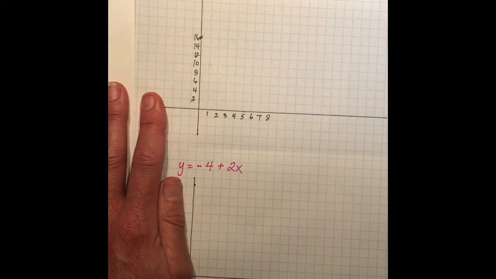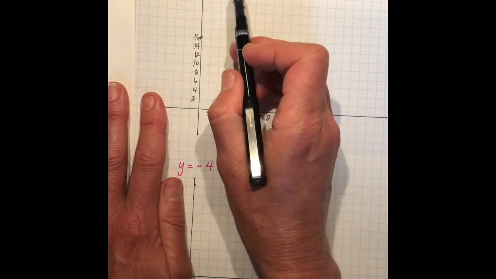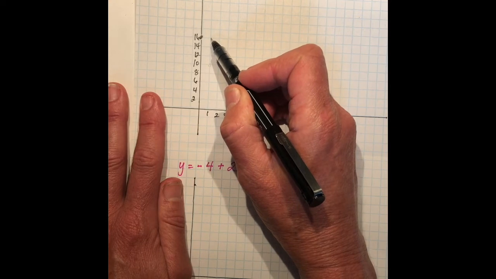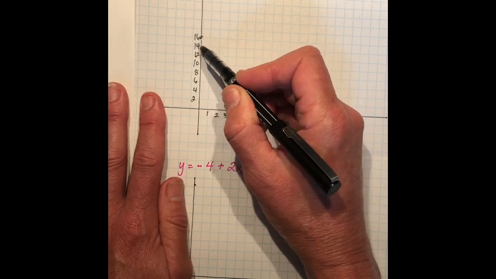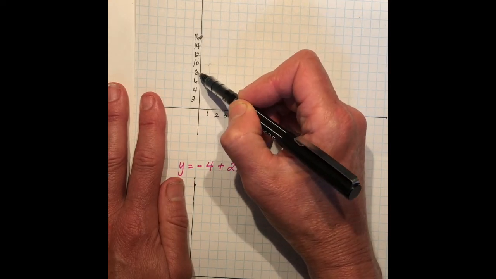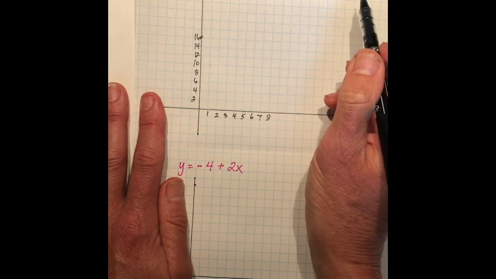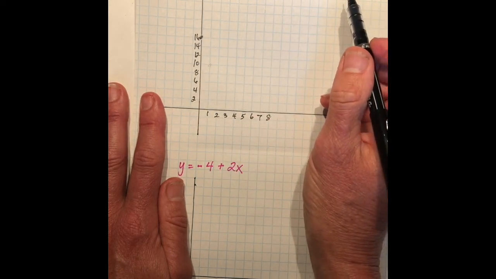And now this one is a little trickier because with a -3, I go over 1 and I want to go down 3. But look, I'm counting by 2's here. Think about that for a second.